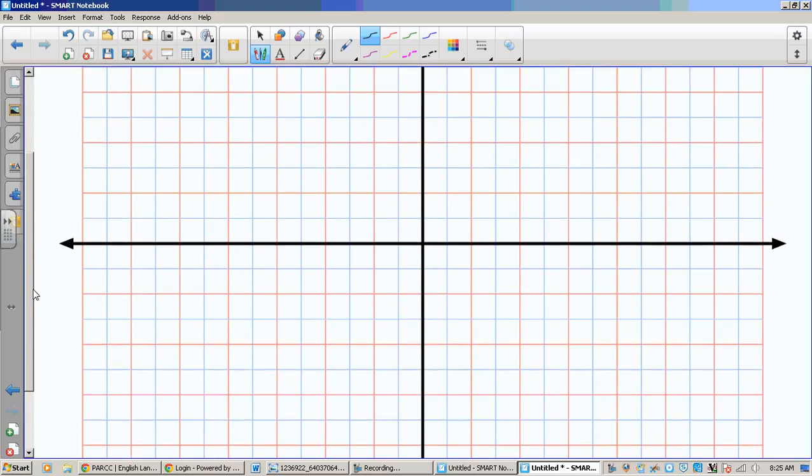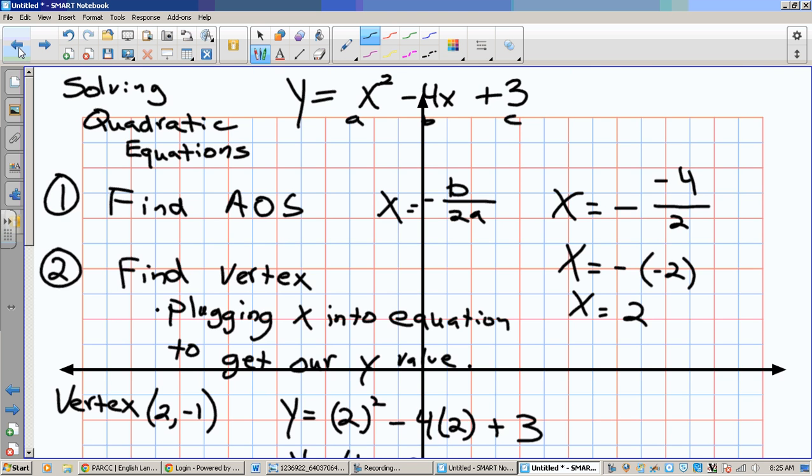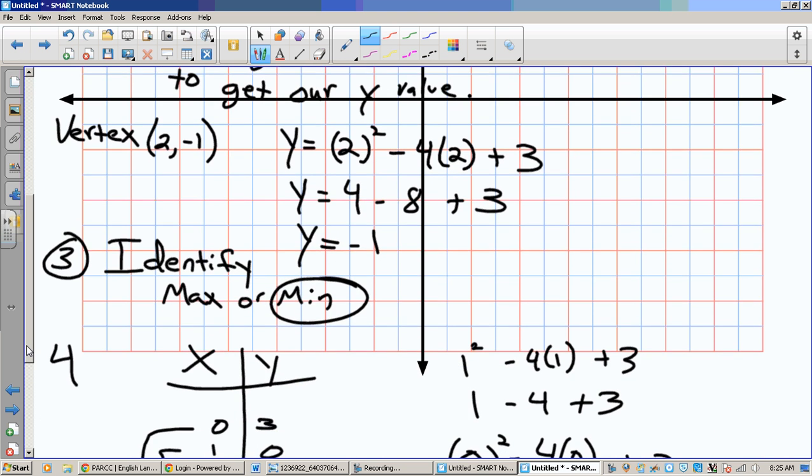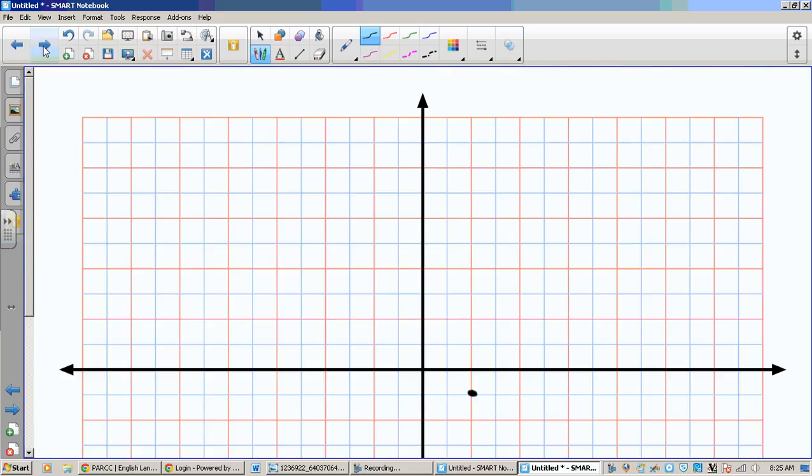So now what I do here is I know my vertex was at 2, -1. So I go over 2 and down 1. And then looking at my values, 3 and 0 and 1 and 0.